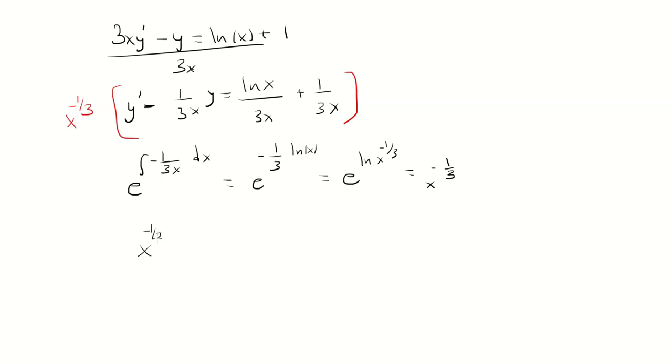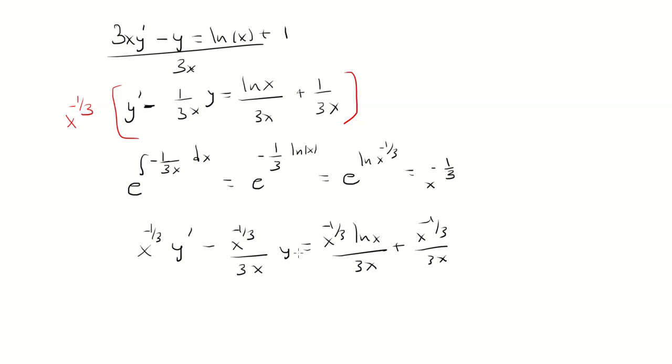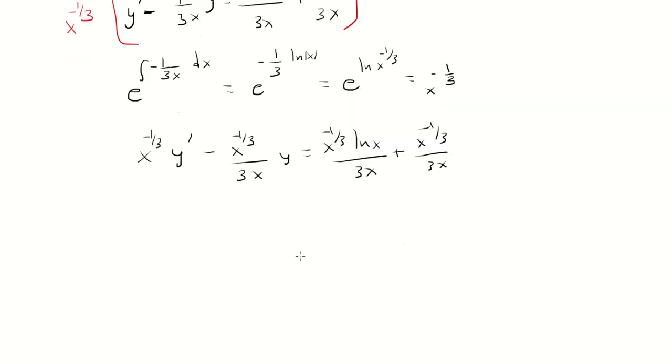It's x to the negative 1/3 times y prime minus x to the negative 1/3 over 3x times y equals x to the negative 1/3 times ln of x over 3x plus x to the negative 1/3 over 3x. And now we can use the reverse product rule.